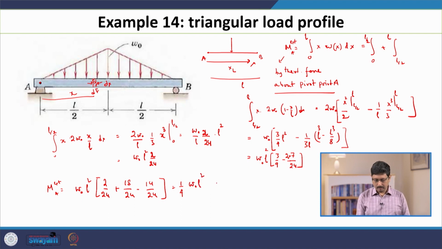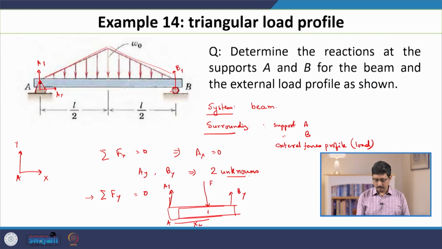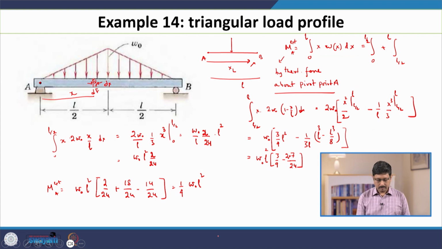Then we can look at our equation of torque balance. You can now calculate this, our external total torque M A, and now we can determine what is X L, because F times X L must be equal to the total torque acting on the system, which is 1 by 4 W naught L square.